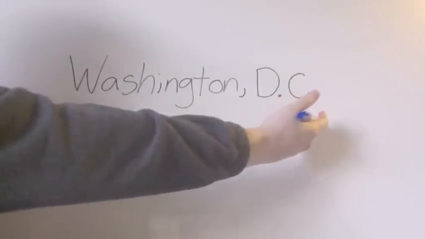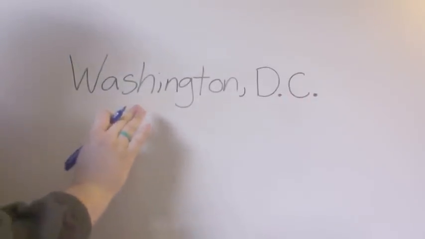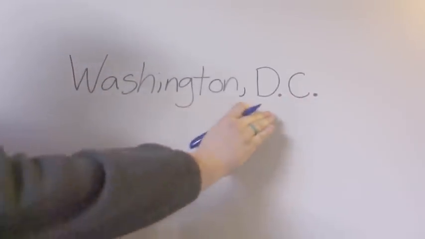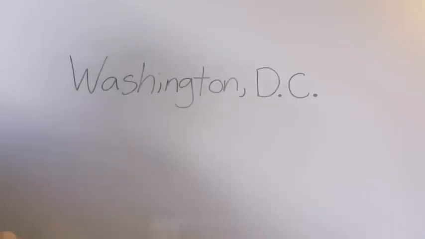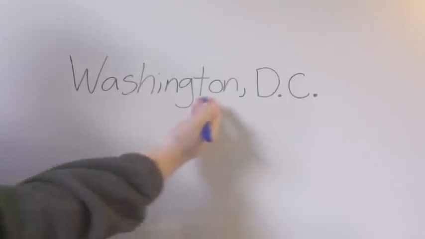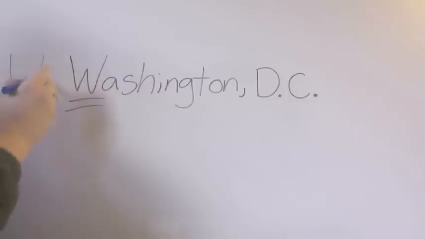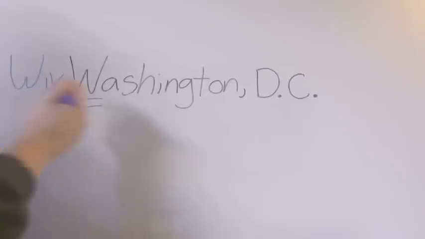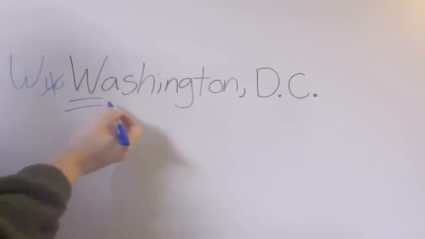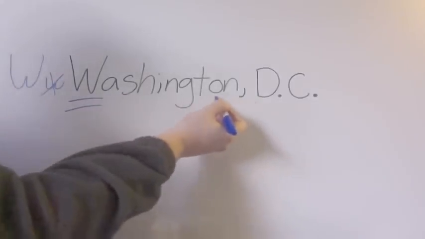Washington, D.C. This is the name of the capital of the United States. The capital of the United States of America. So, because it's a name, all the same rules still apply. Big W, not the little w. It's still pronounced Washington.